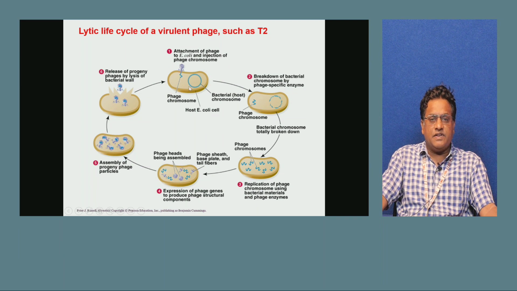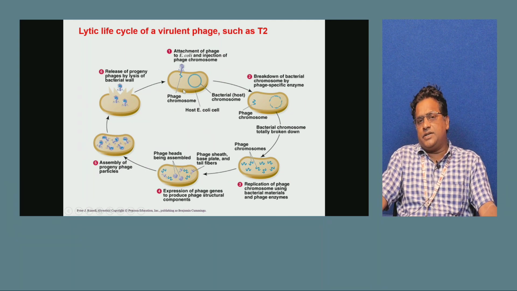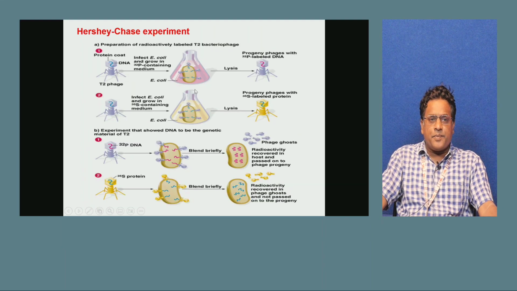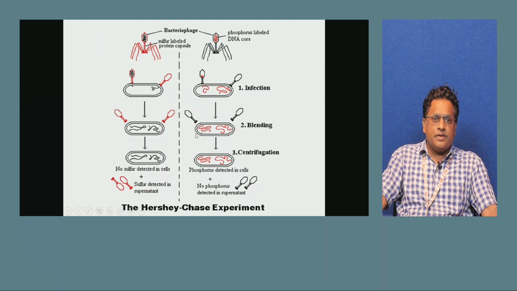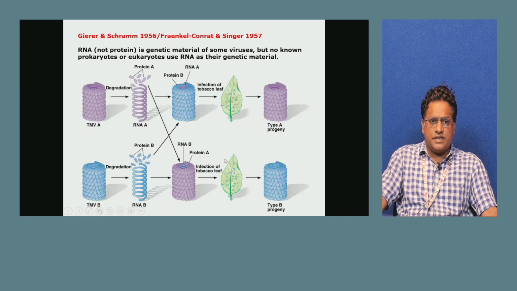Actually, it's the DNA which is being passed from the virus. So this is how the basic understanding came about, where DNA was assigned to be the genetic material, right? So you see that DNA is being injected into the bacteria.